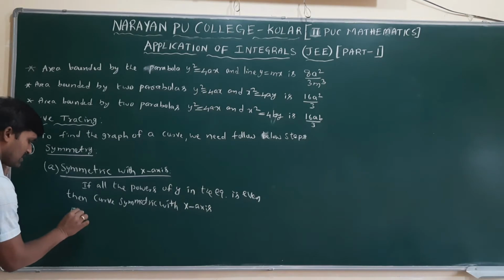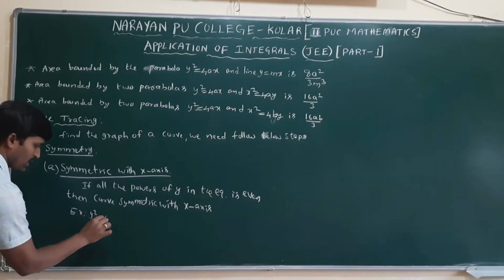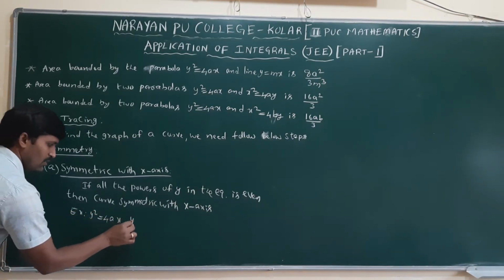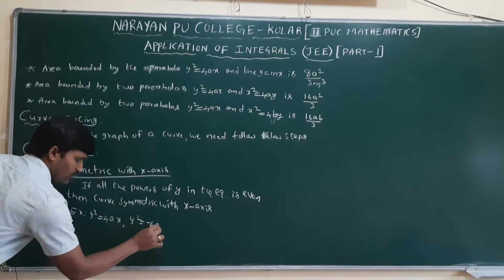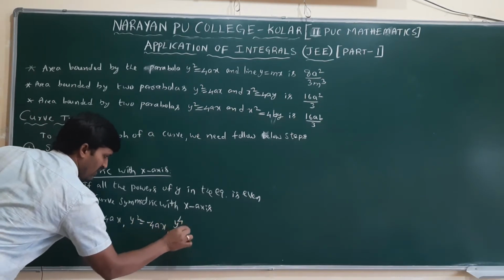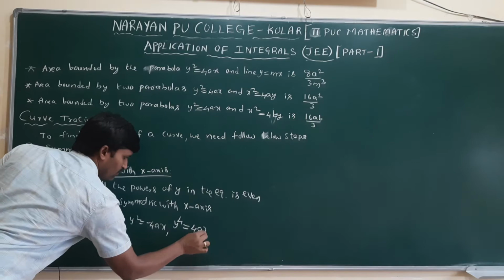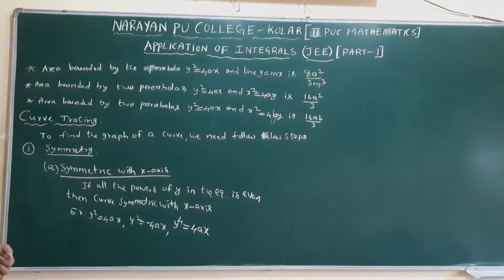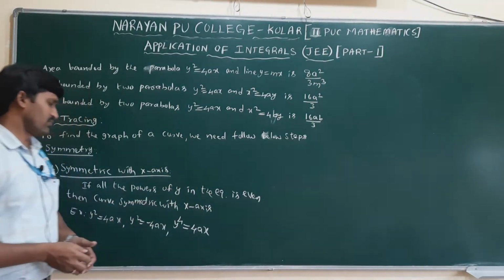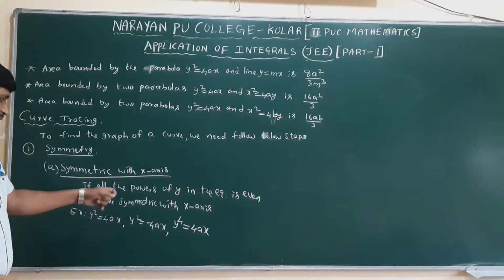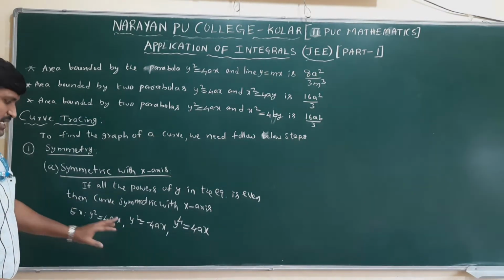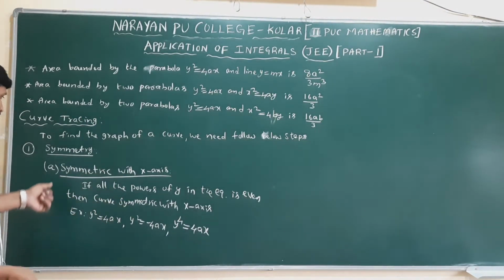Examples: y square equal to 4ax, y square equal to minus 4ax, or y power 4 equal to 4ax. Here this is clearly symmetric with respect to the x-axis only, either negative or positive x-axis.